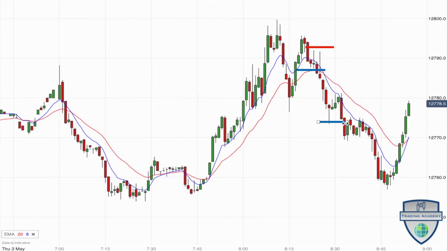This is a reasonable level, although the 75 levels on this chart aren't hugely important. You often see some kind of reaction at the 75 level, the 25 level, and of course the bigger levels, the 00 levels and the 50 levels. So it was a good place to take profits at that point in time.